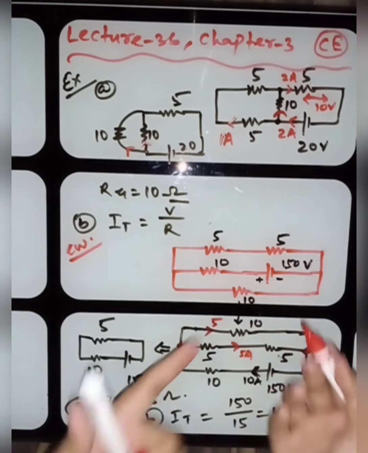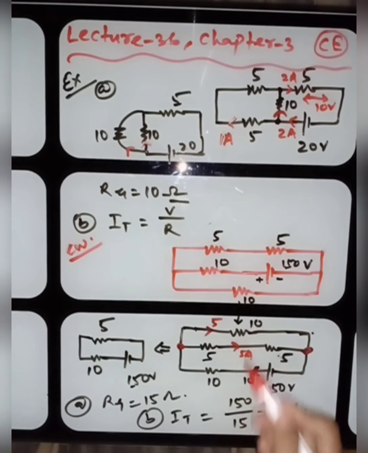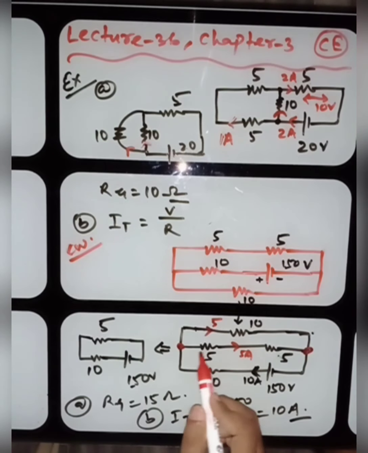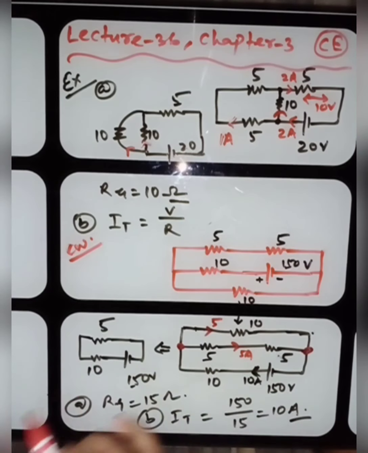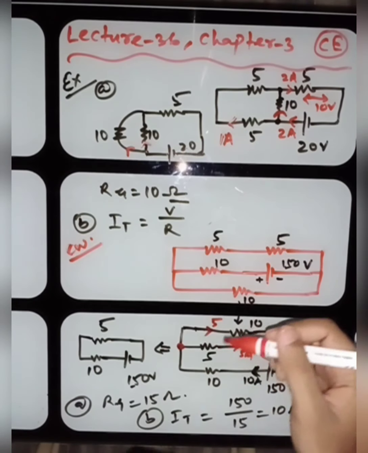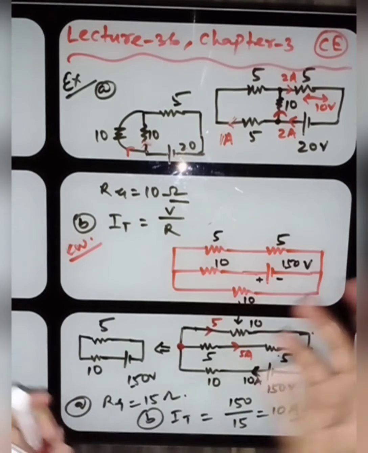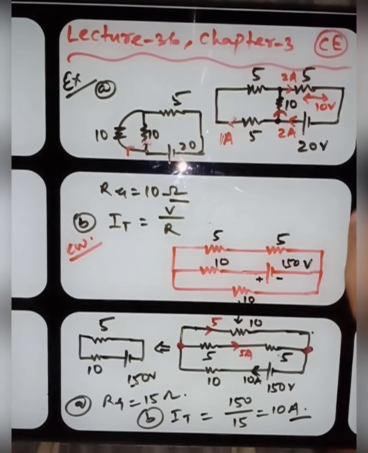In this way, you can find the potential over here, 50 volt, and over the resistor it will be 5 times 5, which is 25 volt and 25 volt. So in this way you can solve. Actually, my dear students, I have given you a very simple question here to solve. Now, the next one.